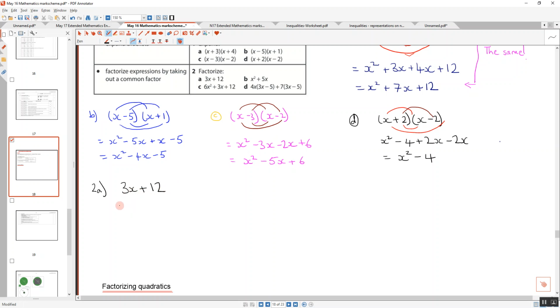What's the number that goes into 3x and 12? It's just 3. So I put down my bracket. 3 times what is 3x? 1x. 3 times what is 12? 4. And it's positive 12, so it has to be positive 4. That is it. Okay, see if you can do the other 3.